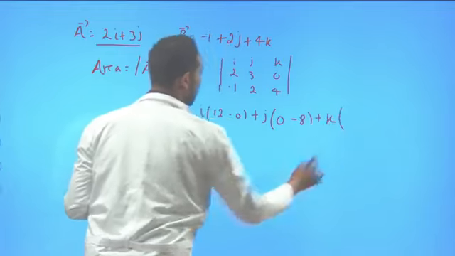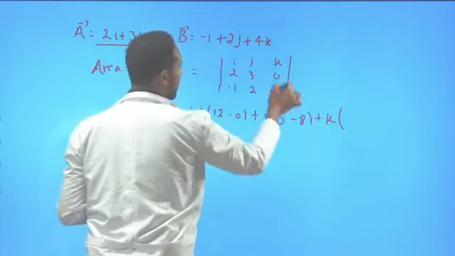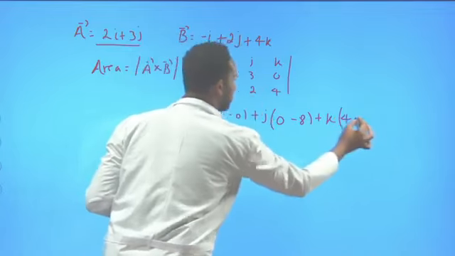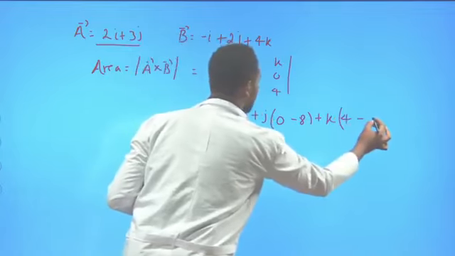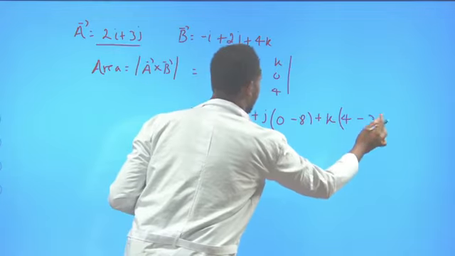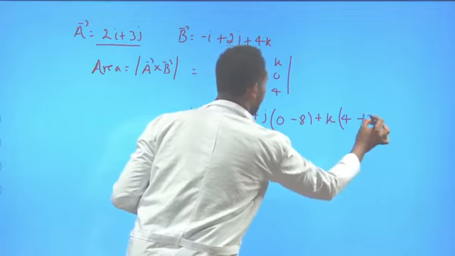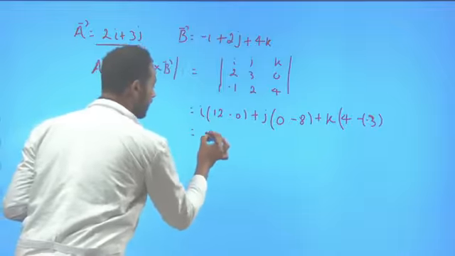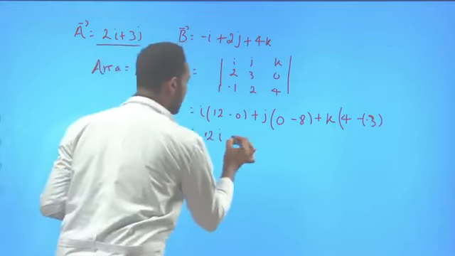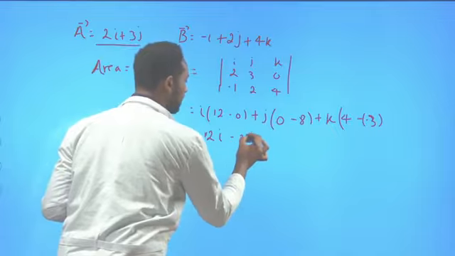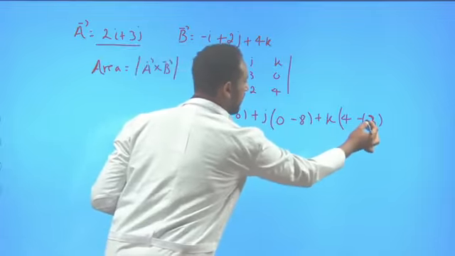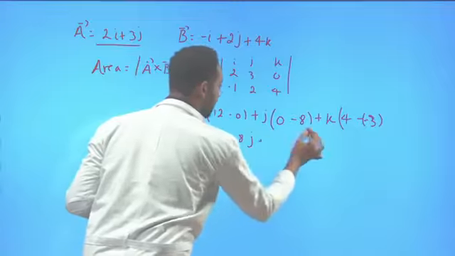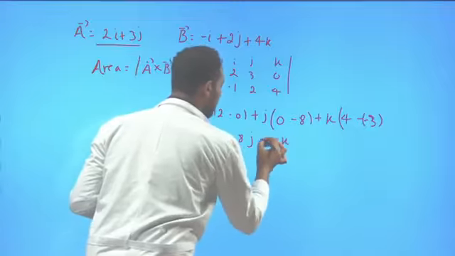Then plus k: if you eliminate the row and column, 2 times 2 gives you 4, minus 3 times minus 1 gives negative 3. Therefore, this gives you 12i, and this gives us minus 8j, and the minus could make it plus 7k. This is a vector.